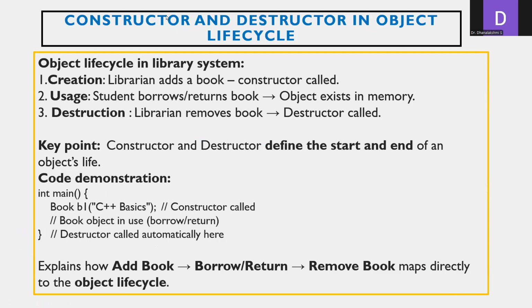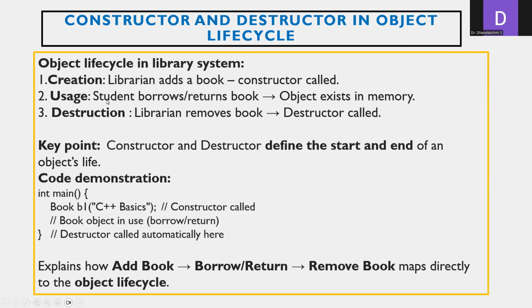Coming to the object lifecycle, I could put that in three main points. The complete lifecycle of an object could be summarized like this: creation, usage, and destruction. Creation, the constructor is called when a librarian adds a book.